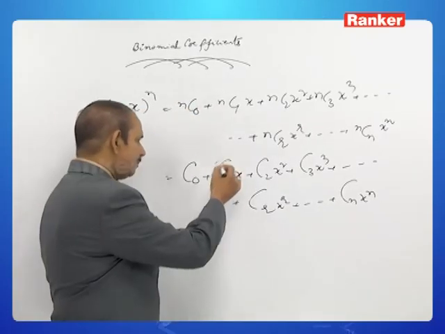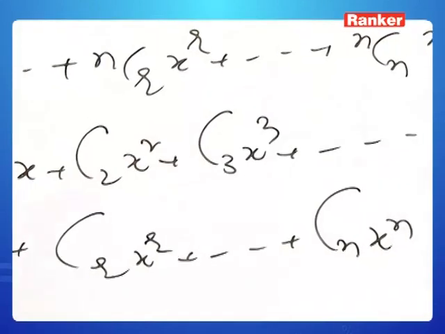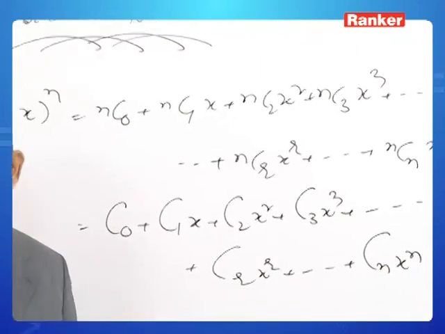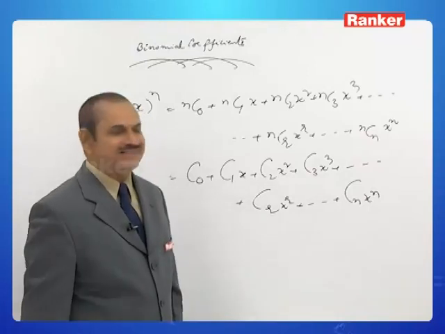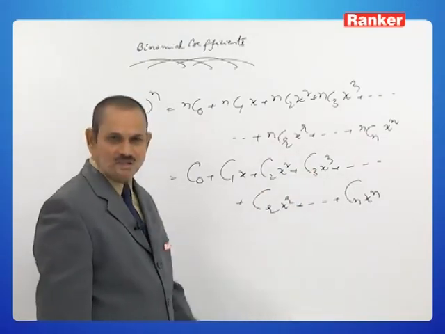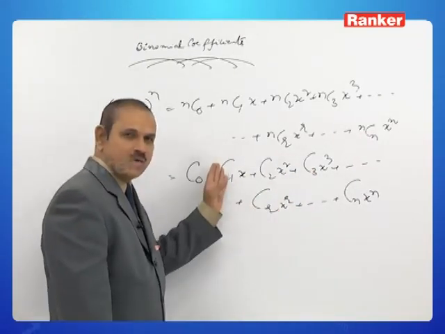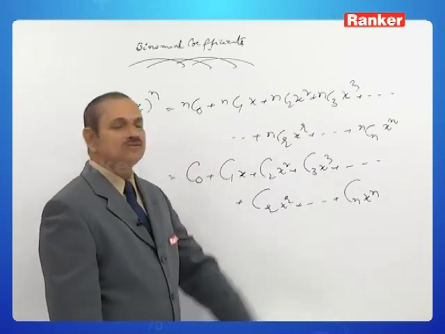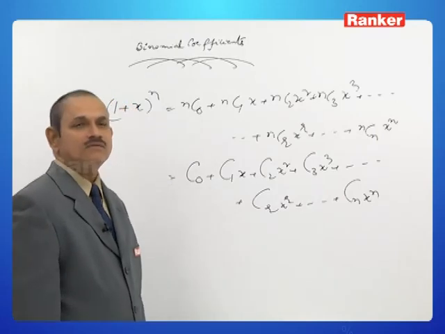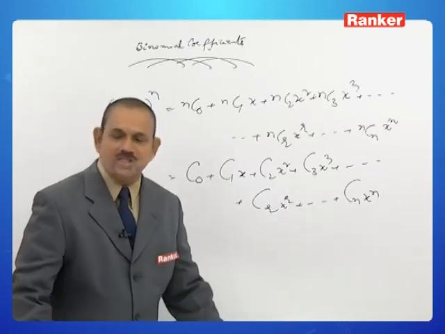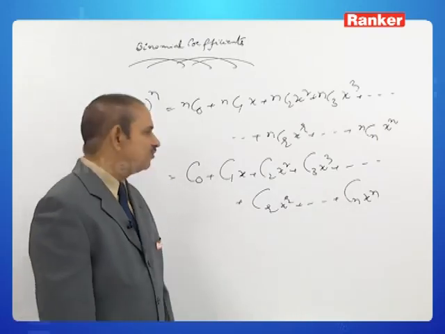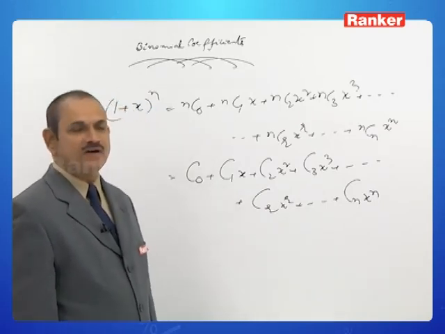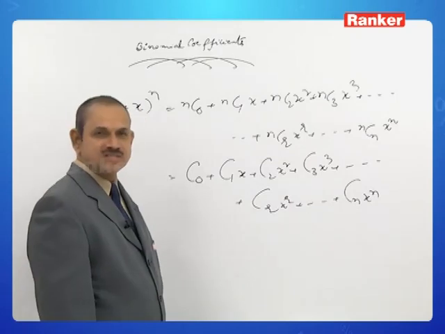By writing this big C, we are omitting to write n. Even so, it is understood that C3 means nC3, C2 is nC2, C1 is nC1, C0 is nC0, Cr is nCr, Cn is nCn. Just for the sake of brevity, we introduce this style of representing the binomial coefficients.